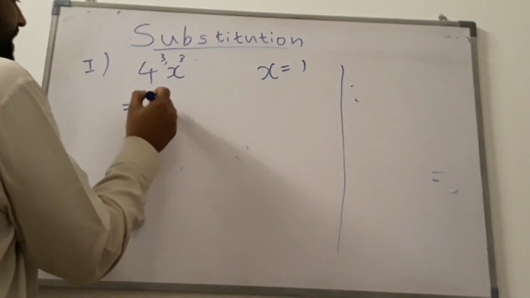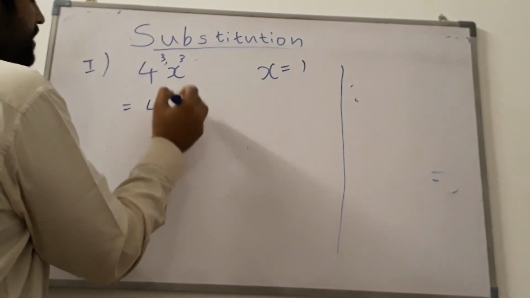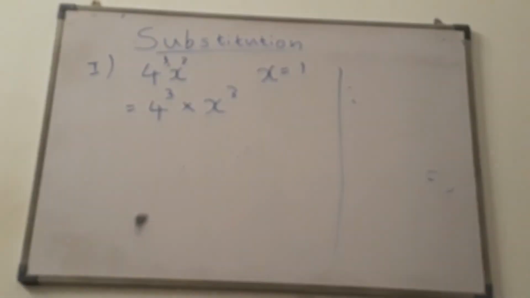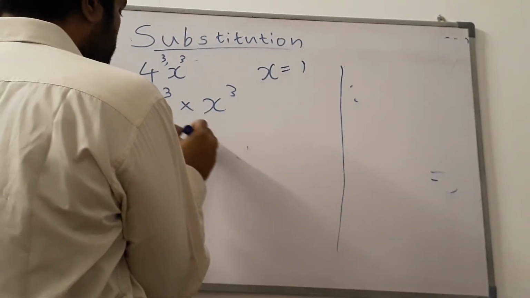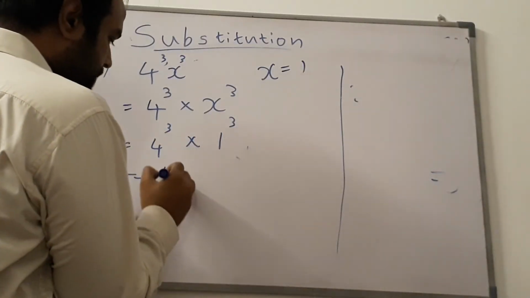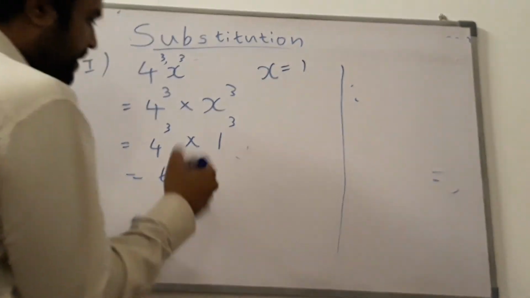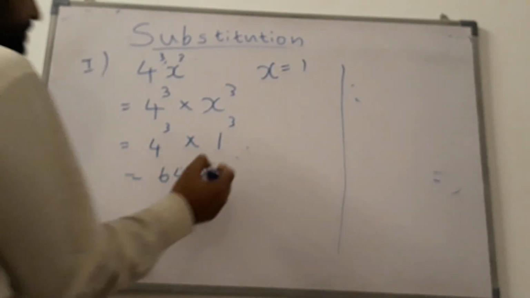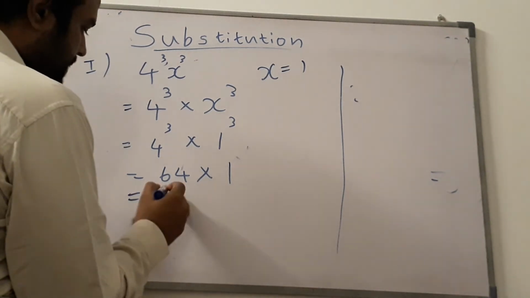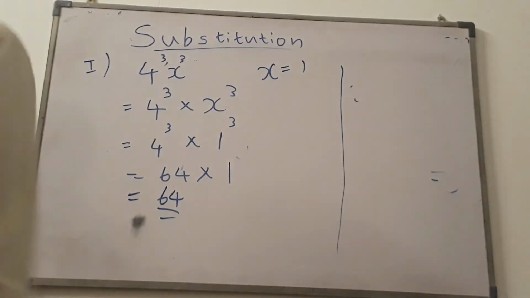So 4 to the power 3 times x to the power 3. Now we know x means 1, so we can write 1 instead of x. So it is 1 to the power 3. 4 to the power 3 means 64. 1 times 1 means 1. So 1 to the power whatever the index, the answer is 1. So it will be 64.